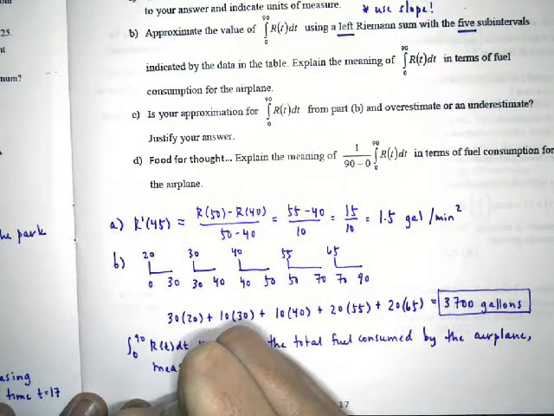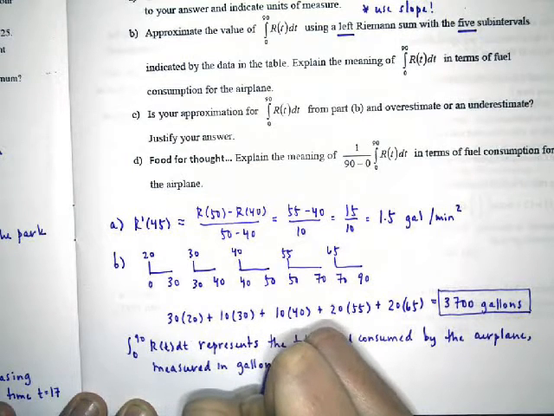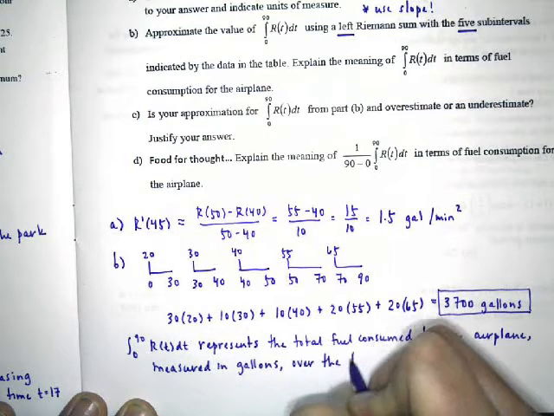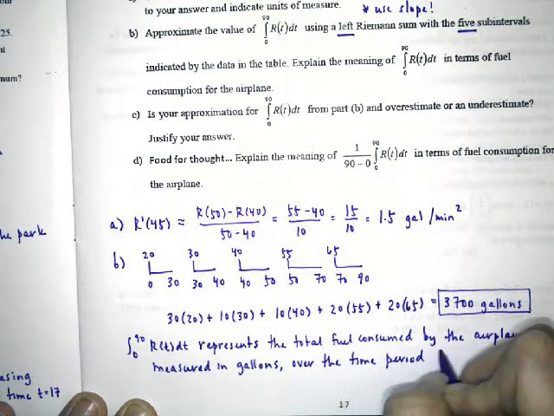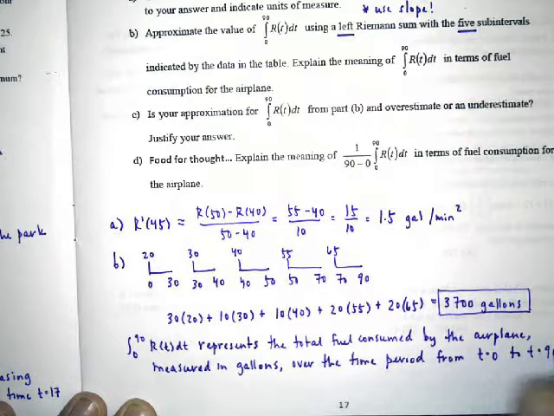We need to specify our units. And then we would say over the time period from t equals 0 to t equals 90 minutes.